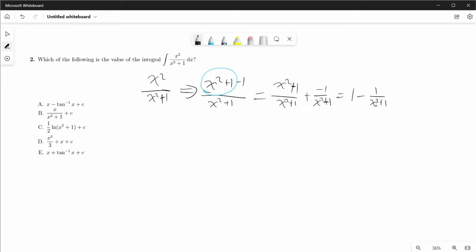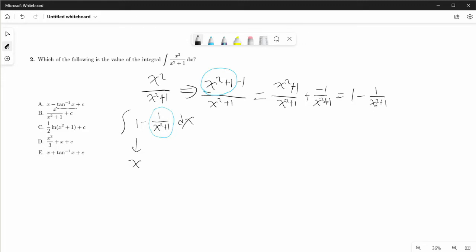Right, this makes the integral a lot simpler. So what I'm resulting with is just the integral of 1 minus 1 over x squared plus 1 dx. And this one part goes to x, right? The integral of 1 is just x. And then this part should be pretty familiar if you've done a lot of practice, it's tangent inverse.